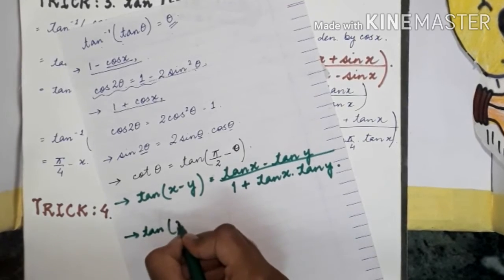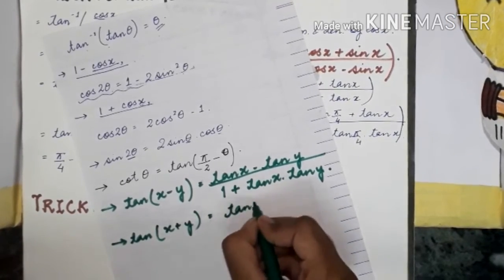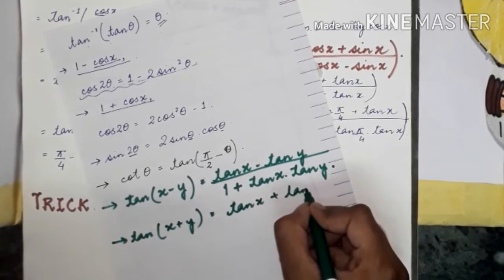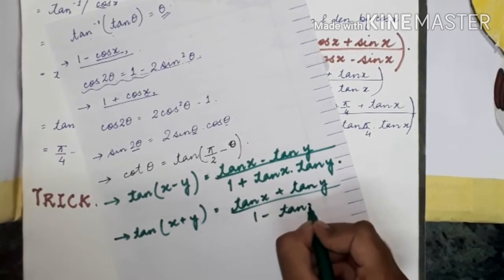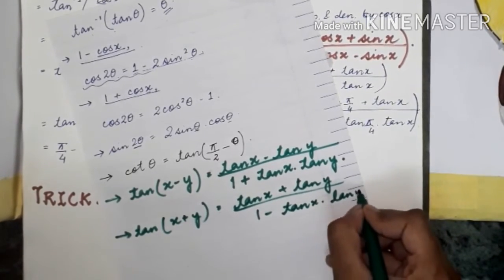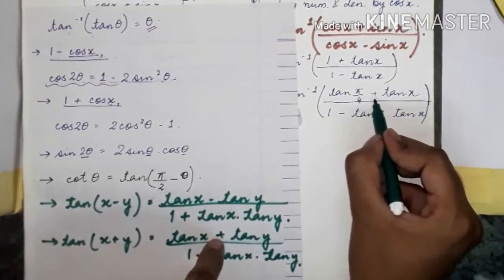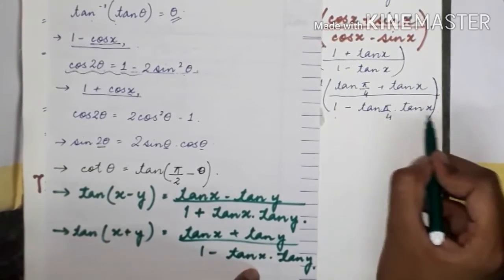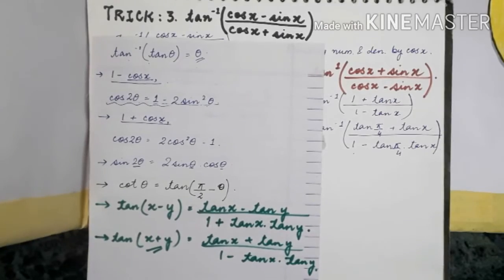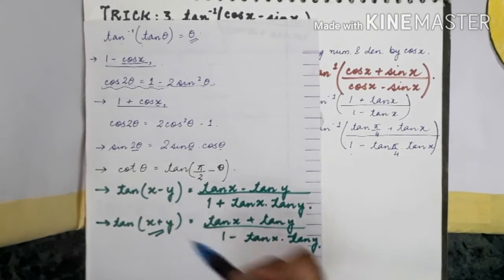Property for tan x plus y. See, tan x plus y is tan x plus tan y upon 1 minus tan x tan y. So here you have to use this property, tan x plus y.